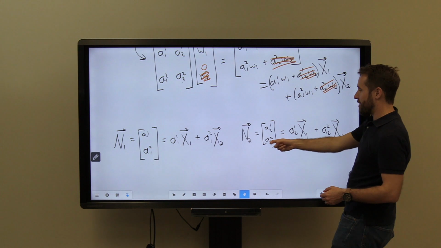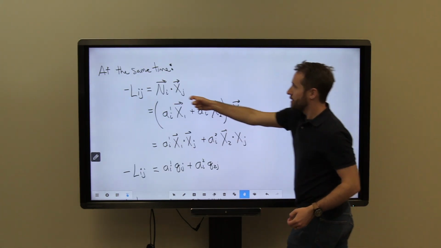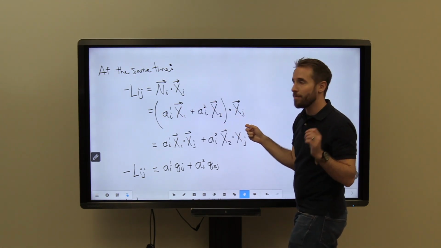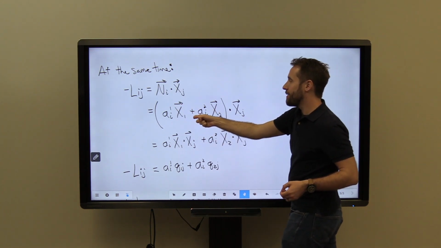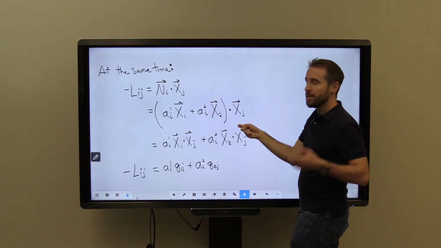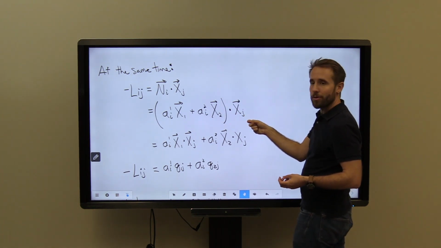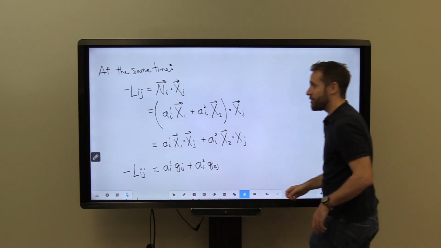So down here I could write my n1 or my n2. Here I'm just rewriting that, calling it n sub i. And so n sub i is a1i x1 plus a2i x2. That will then be dotted with xj in order to get my second fundamental form, my negative lij.